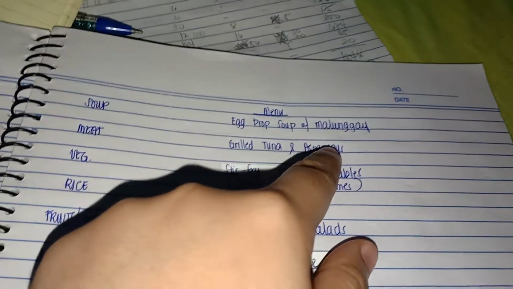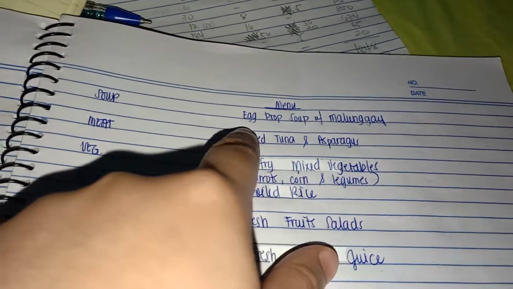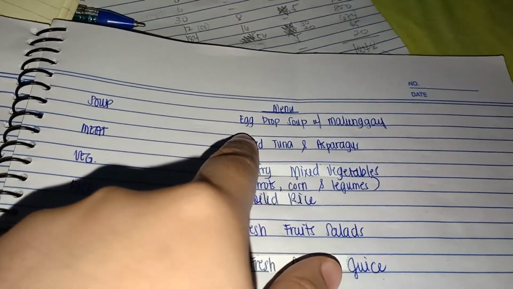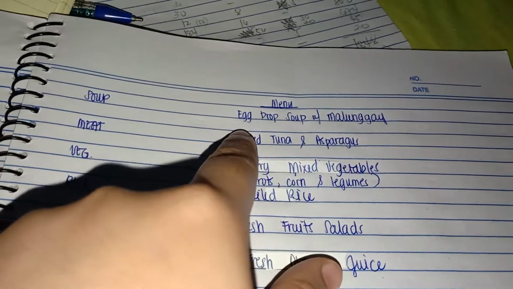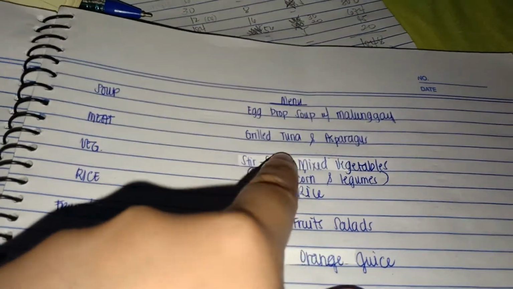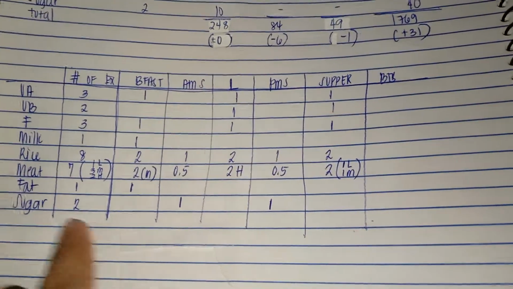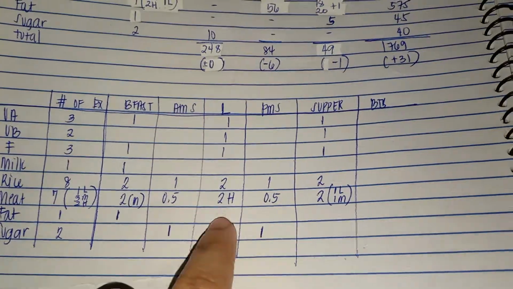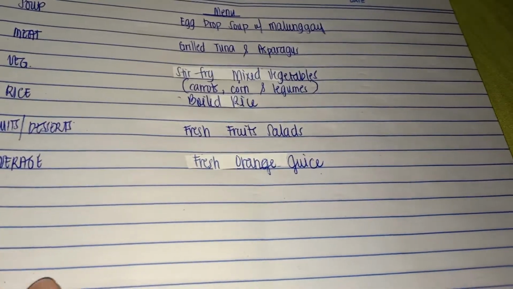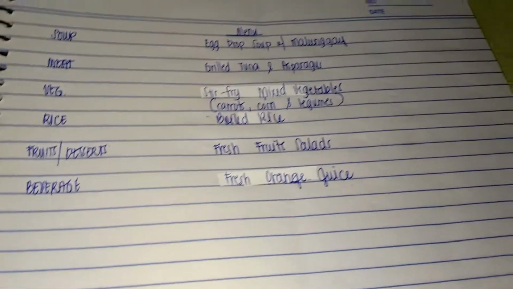Our malunggay is already your vegetable A, and your egg is already a high fat meat. As for your meat, I use tuna and grilled. Remember, we do not have fat exchange in lunch. That's why magi-grill lang tayo because we're not gonna use anything fatty.